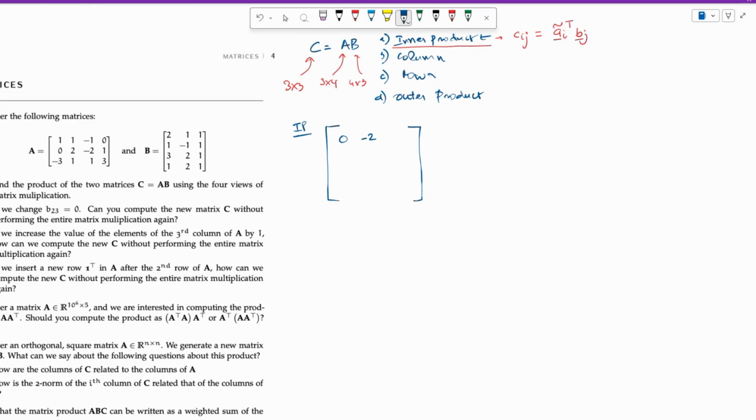And then when we do the same computation using the other views, all the matrices should match. Minus 2. Okay. What was the third element? One. C21 is minus 3. I'm going to write it. If you're getting a different answer, then you'll have to verify.